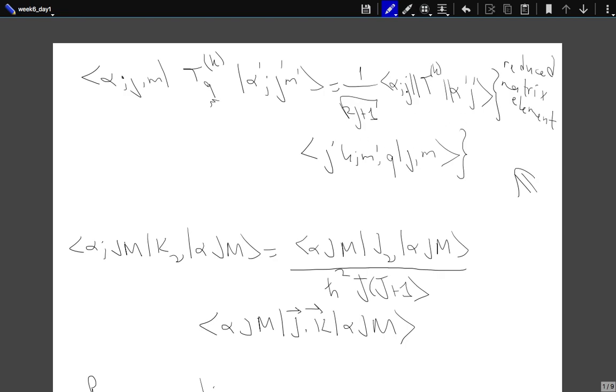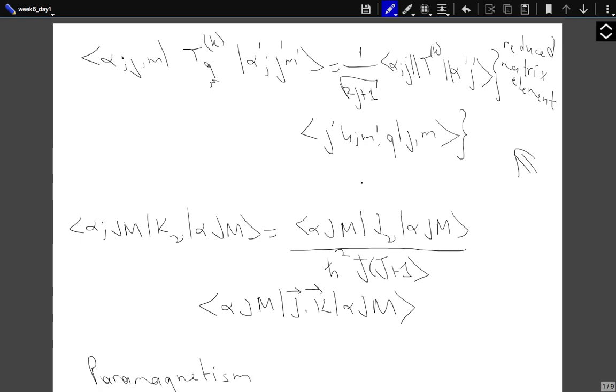It's just some proportionality constant, but what is important is that it is independent of the M values, neither of the bra nor of the ket, nor of the tensor operator. All the dependence on M, M prime, and Q is encoded in this Clebsch-Gordan coefficient.